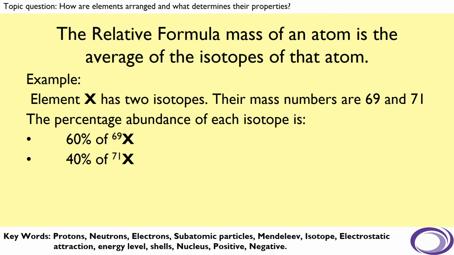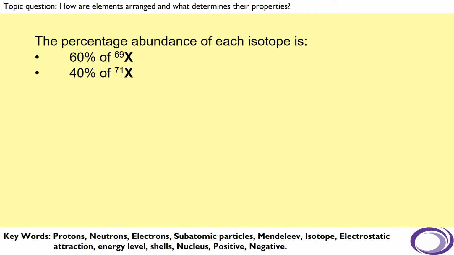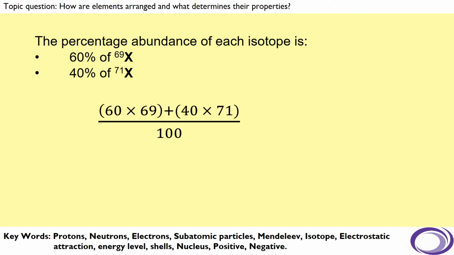So how do we work out the average formula mass of these isotopes? Well, to do that, we've got to take into account the abundance. So if I have 100 of these atoms, 60 would have a mass of 69.